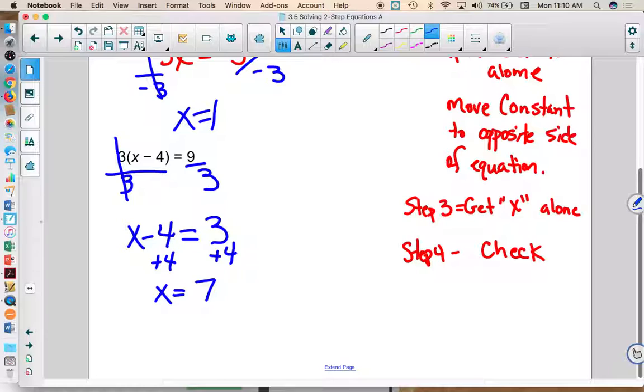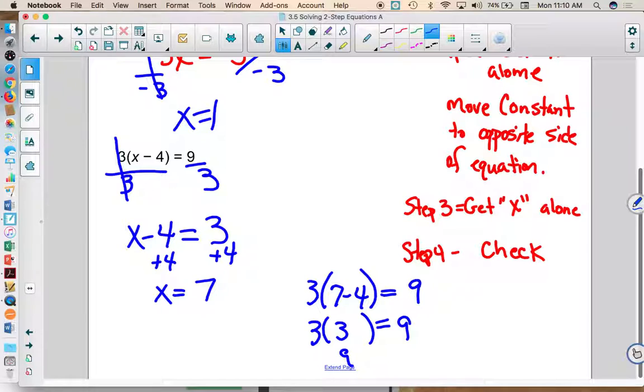Okay, but this way I don't have to do the distributive property. But if I plug that 7 in, and I go up here and I say 3 times 7 minus 4 equals 9. Well, what is 7 minus 4? 3. Does 9 equal 9? Have I checked?